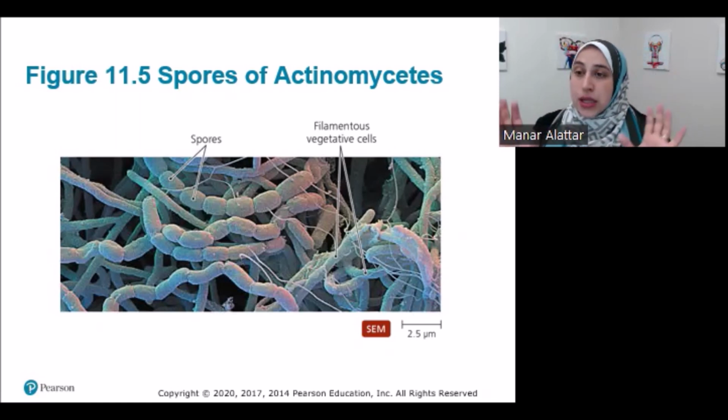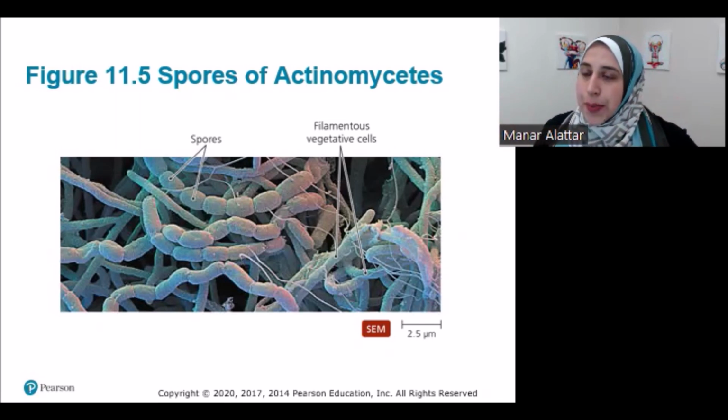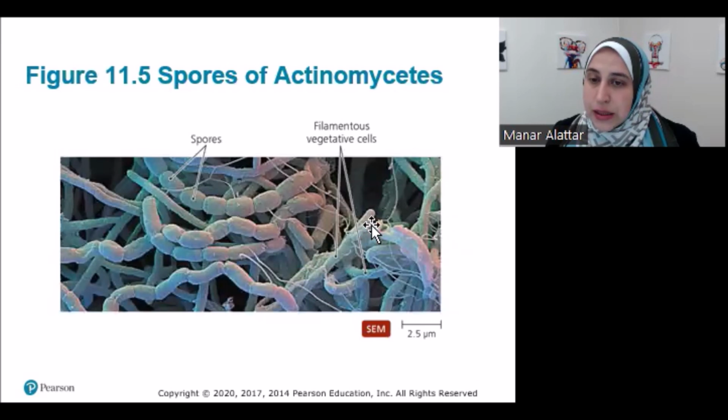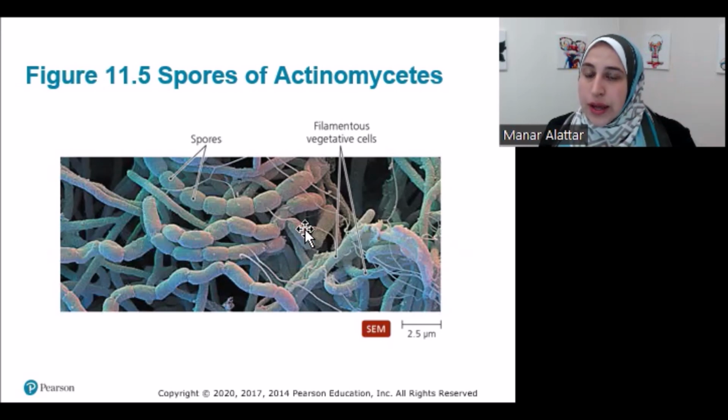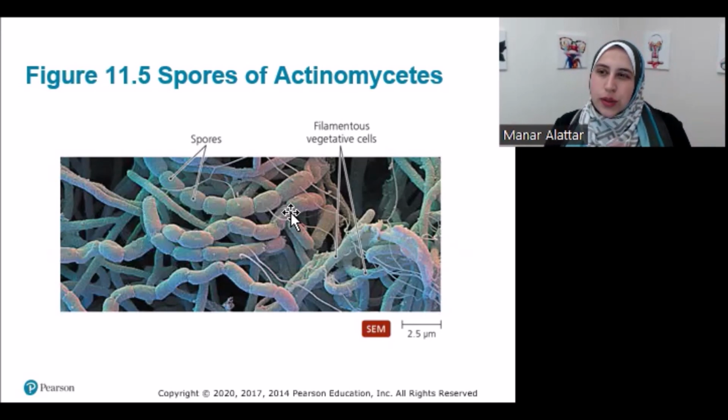So the distinction is that true spores are a reproductive strategy. The way we know it's a reproductive strategy is that a parental cell becomes multiple daughter cells. So any one of these parental filamentous vegetative cells can produce more than a couple of spores, and those will then become vegetative cells. Whereas when we talk later about endospore formation, instead of it being a reproductive strategy, it's just a strategy for self-preservation.